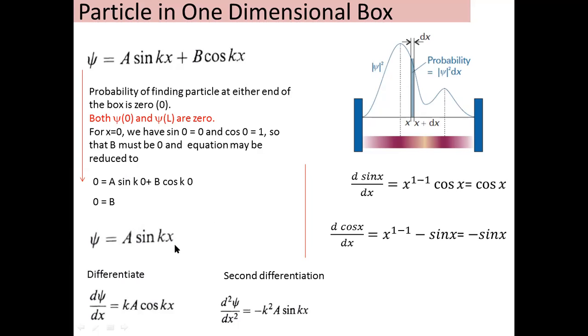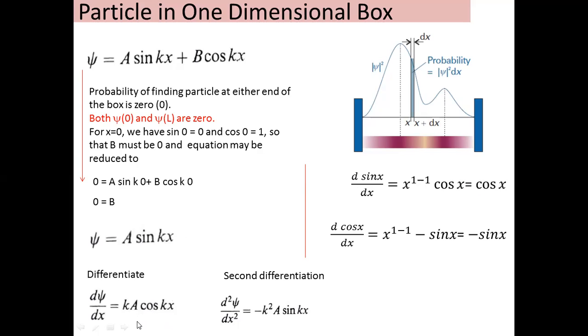So now I'm going to differentiate this equation, and I have discussed this in detail in the Schrodinger wave equation. The derivative of sine x is cos x. So for sine kx, k is the constant and x is the variable, this whole factor will remain constant, and we just change sine to cos, while a remains the same.